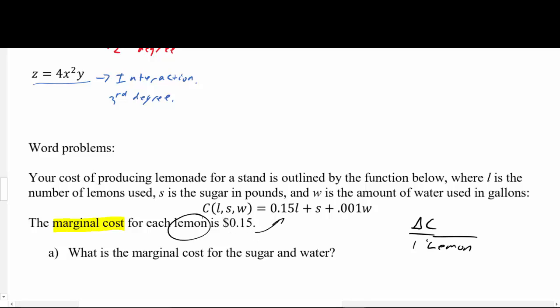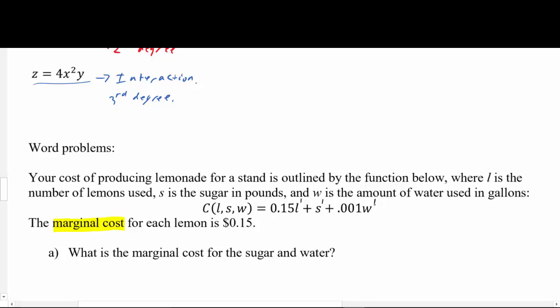Well, I want you to realize that when we see this function, first of all, is it a linear function? Is it an interaction function? Or is it neither? All right. Well, if you're thinking about it, you say, all right, my L is to the first degree, my S is to the first power, my W is to a power one.